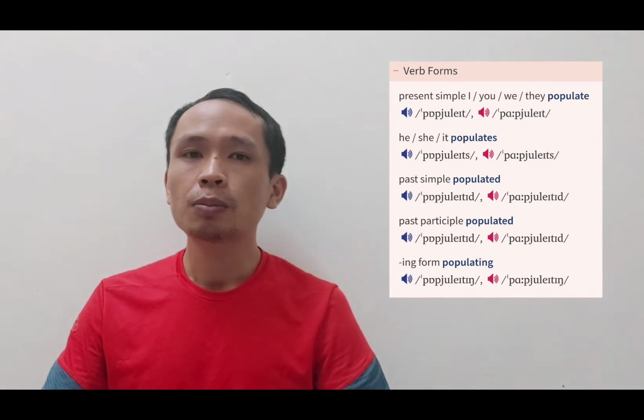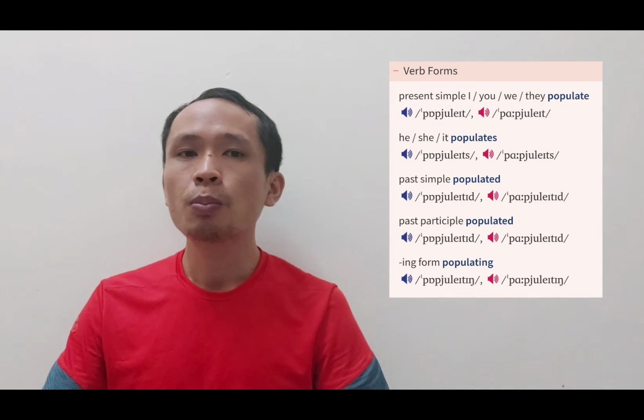And its verb forms are populates, populated, populating.